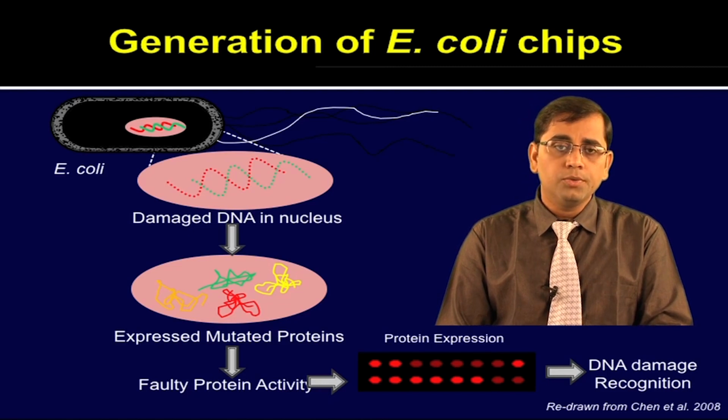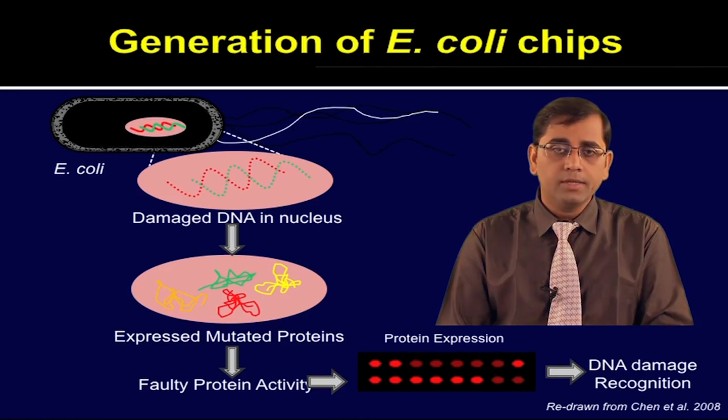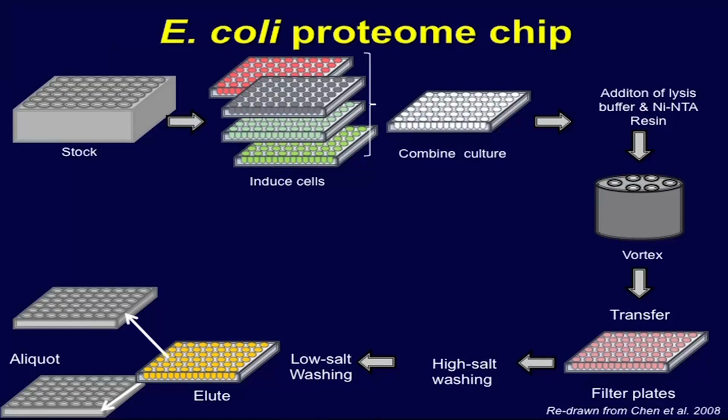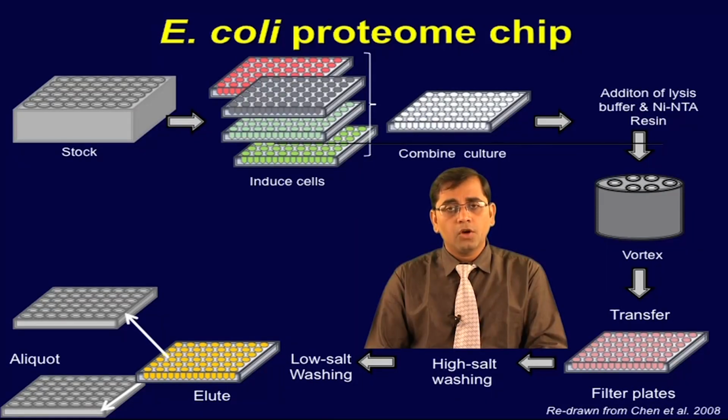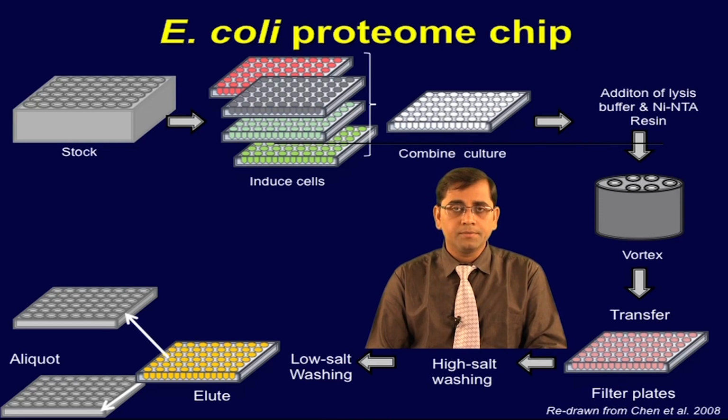This slide shows you an overview of how many different types of mutated proteins or protein activities can be identified by using this type of protein microarray platform. First of all, to give you an overview of the high throughput approaches involved and various steps which researchers have performed to generate the protein content, here I demonstrate how different types of proteins can be made in a high throughput platform.